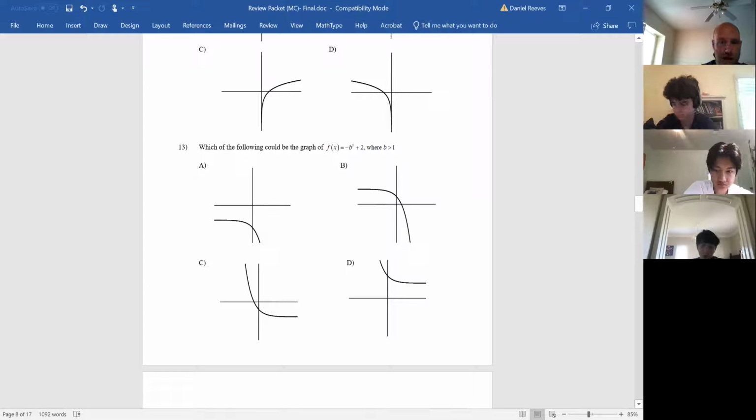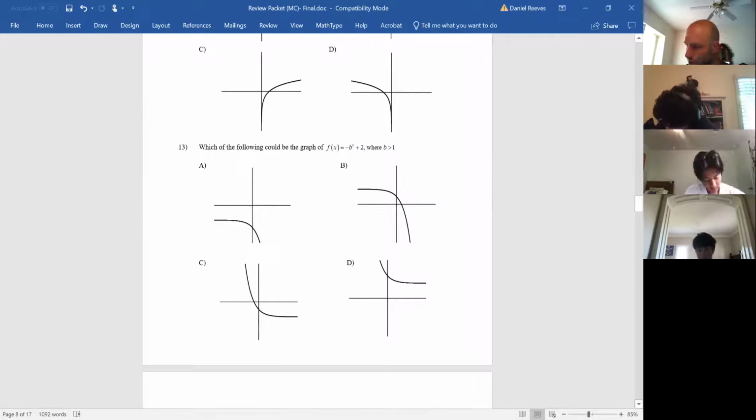Number 13, Alejandro, I think you got this one. Now we seem to have some transformations applied, so I'm going to put a check mark next to transformations, and a check mark next to exponential. And maybe it should be exponential and logs, because those really go hand in hand.